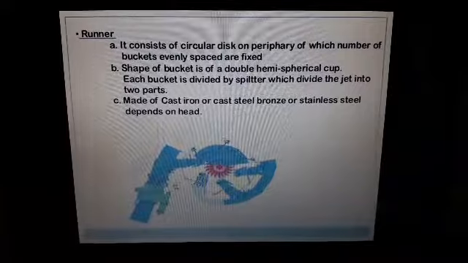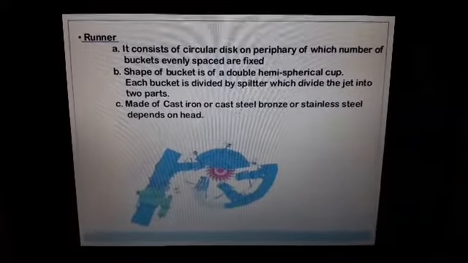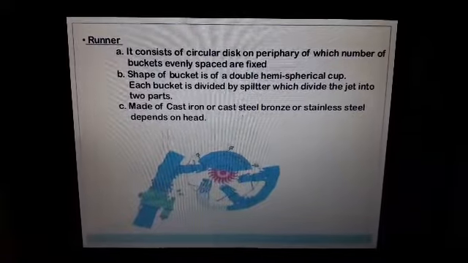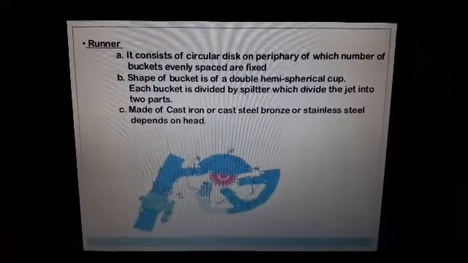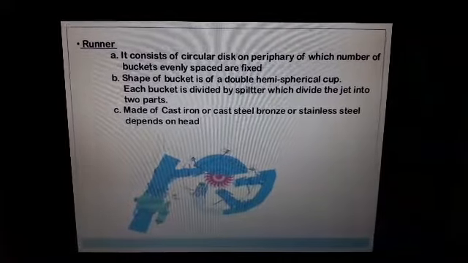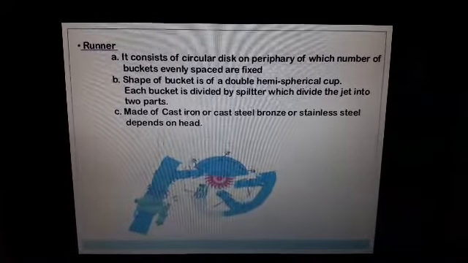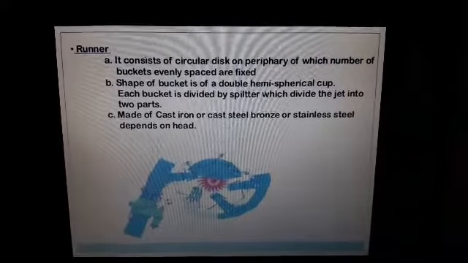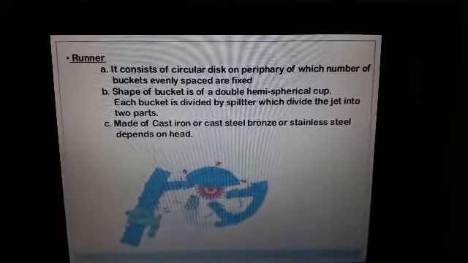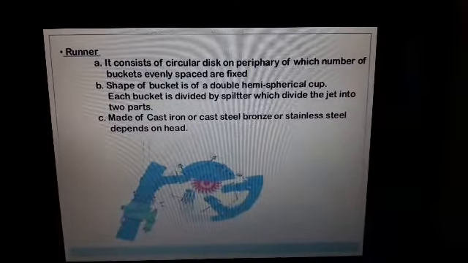The runner of the Pelton turbine is a circular disc, and the buckets are fixed on the periphery of this circular wheel. The shape of the bucket is double hemispherical cup type. In each bucket we have a splitter. The work of the splitter is to divide the jet into two parts.